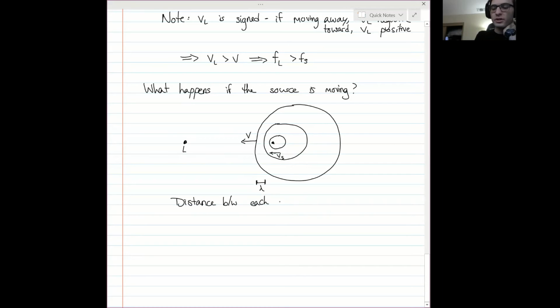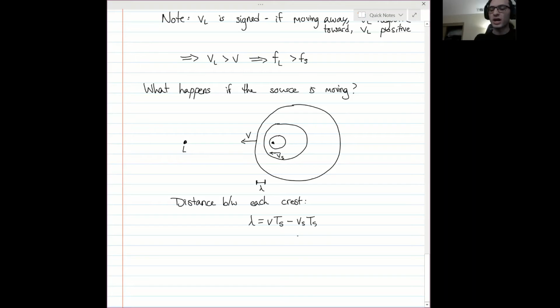Well, if the source was not moving, lambda would just be V times Ts, the time between crests being emitted by the source. However, after a given amount of time Ts, the source will have moved a certain distance closer to the listener, so the next crest would be emitted closer. So we want to subtract off that extra distance. So we subtract off Vs times Ts.